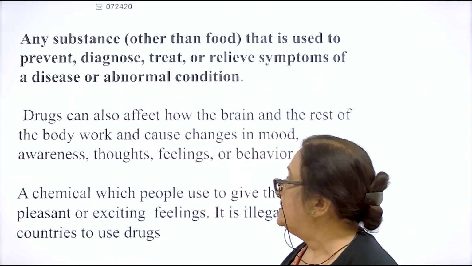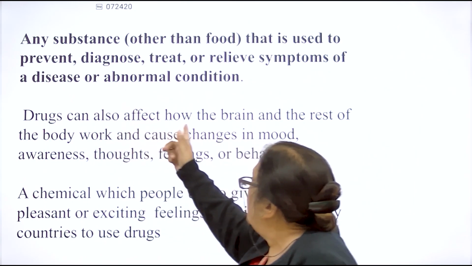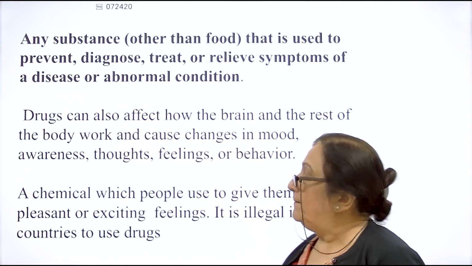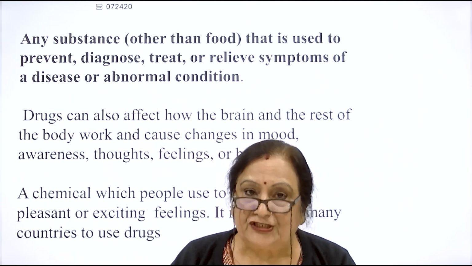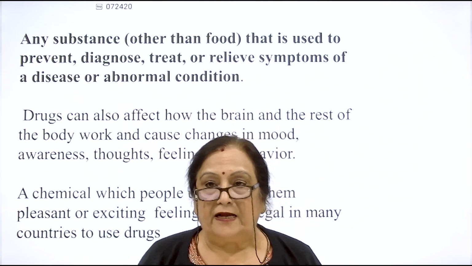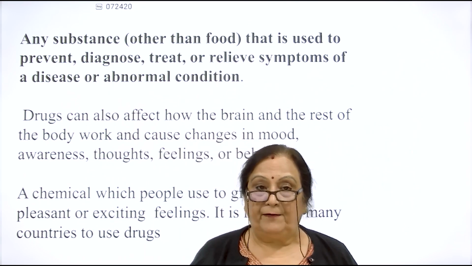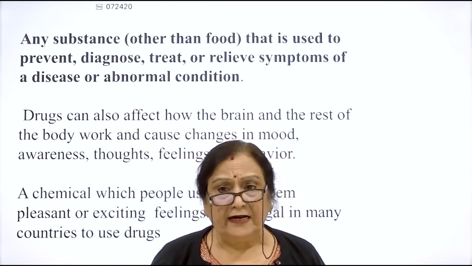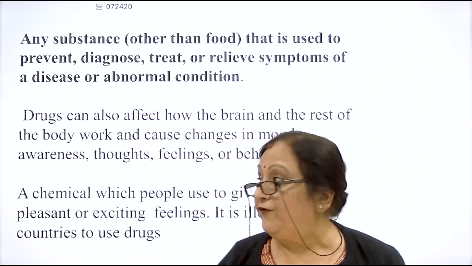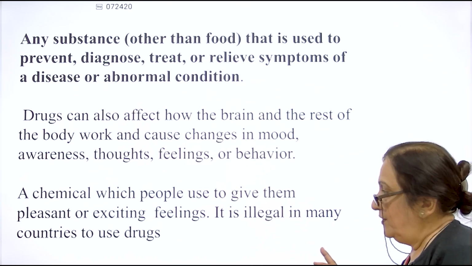And now we will say that the drugs can also affect how the brain and the rest of the body work and cause change in mood, awareness, thoughts, feelings and behavior, right?